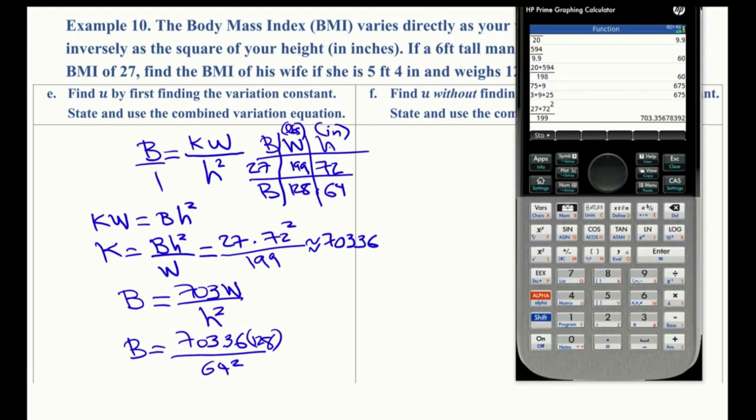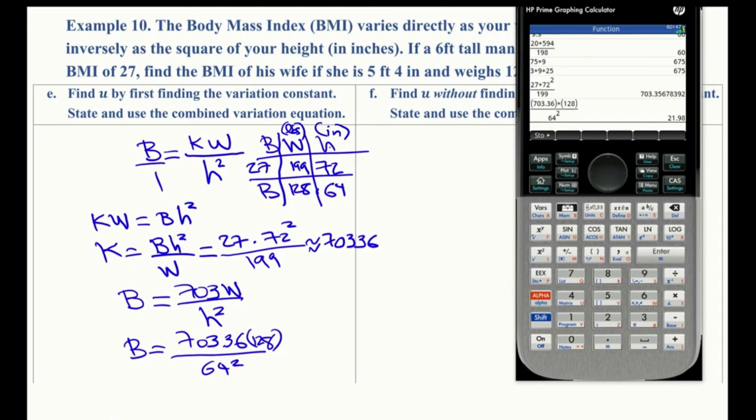So we have 703.36 times 128 divided by, actually I wanted to write that first and then divide it by, doesn't make any difference, it just looks nicer. 64 squared.